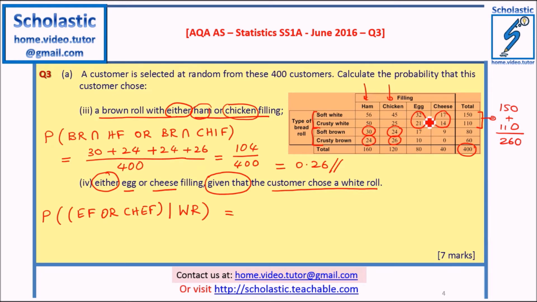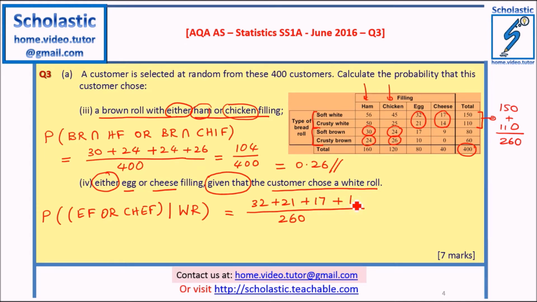Out of 260 customers, egg filling 32 plus 21, that is soft white and crusty white with egg filling, plus soft white and crusty white with cheese filling, 17 plus 14.